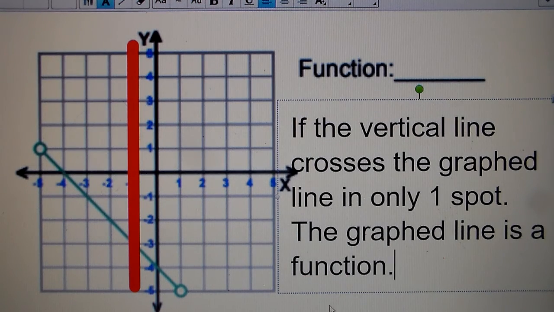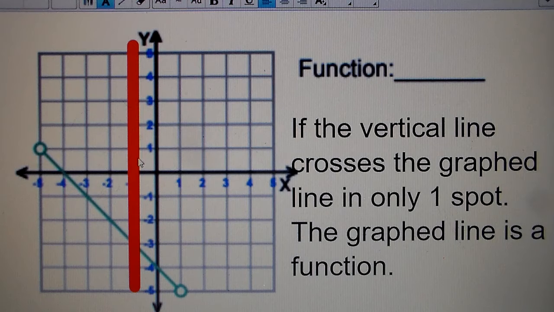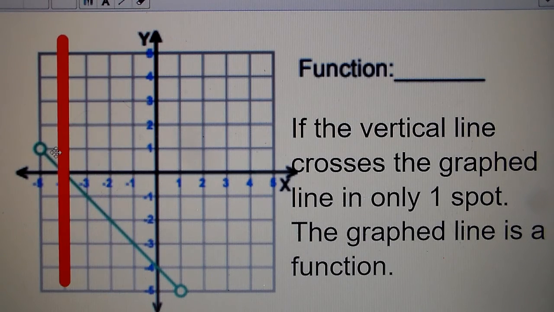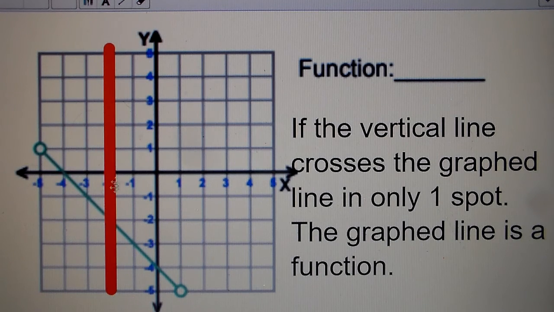If it hits in multiple spots, so that one vertical line hits this function in multiple spots, then it's not a function. So in this case, you could see if I graph the vertical line here, it only hits it in one spot. If I graph the vertical line here, our blue line function hits the red vertical line only once. So that means yes, it is a function.